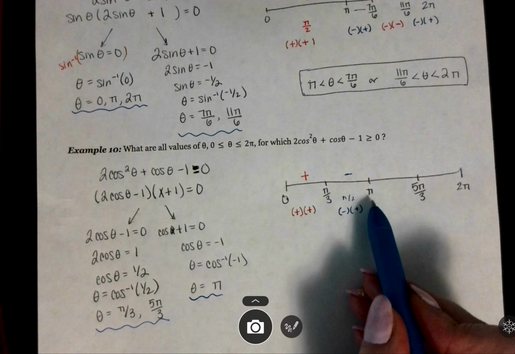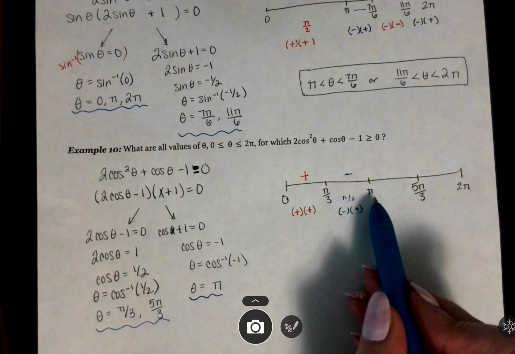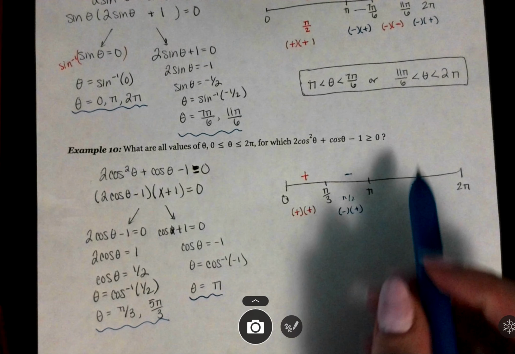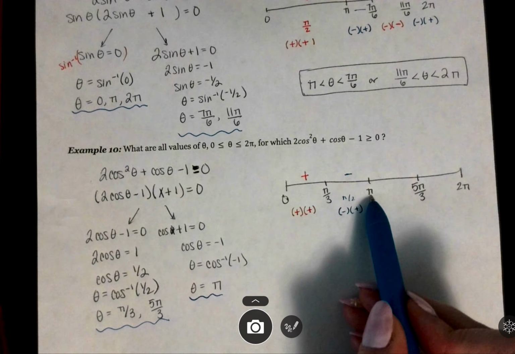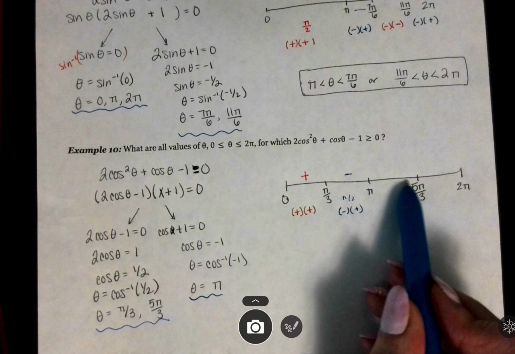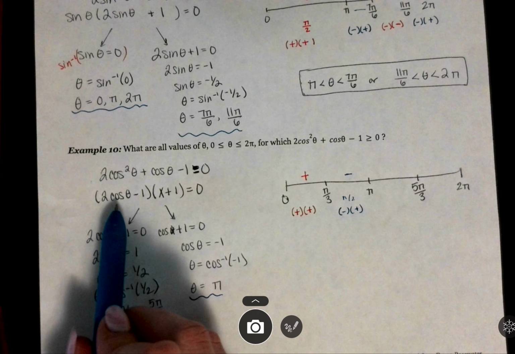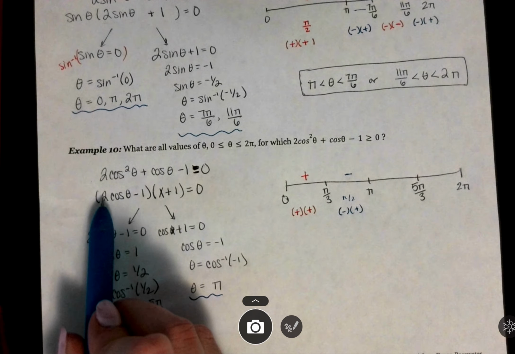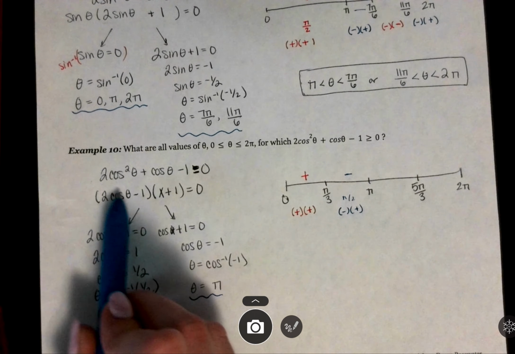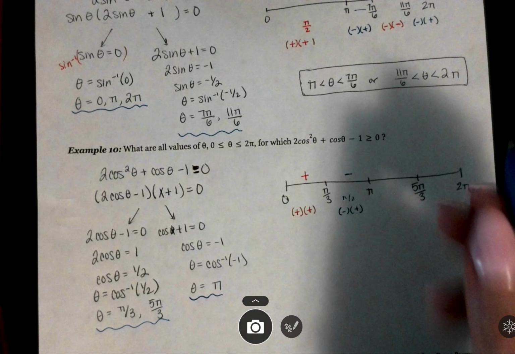Now, since pi is a quadrantal angle for this one, and because it could be equal to 0, I actually want to plug pi in instead of moving on right to the next interval. So here, cosine of pi is -1 times 2 is -2 minus 1 is negative.